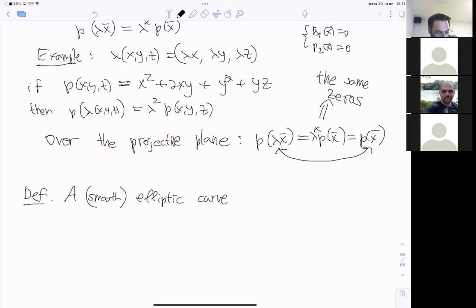Now, a smooth elliptic curve is a specific case of such a variety which is defined by a unique homogeneous polynomial. So what is an elliptic curve?